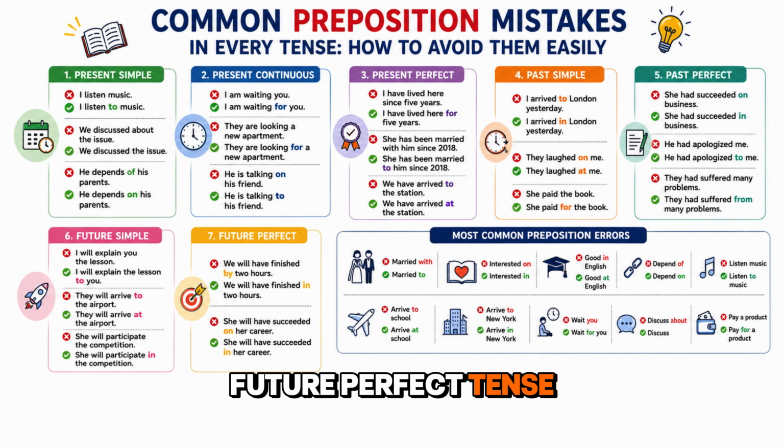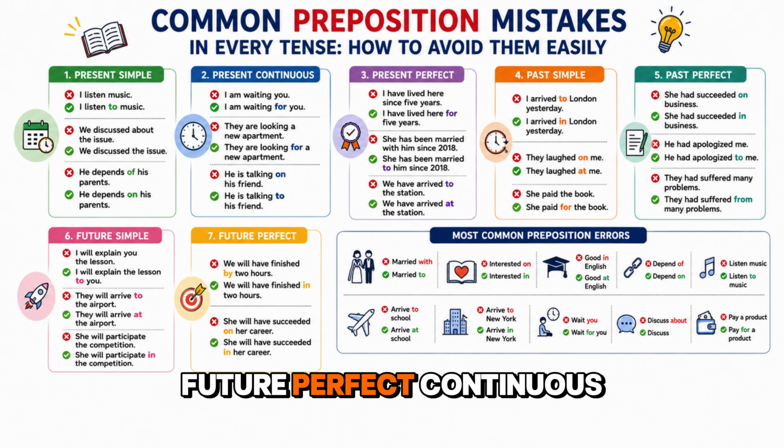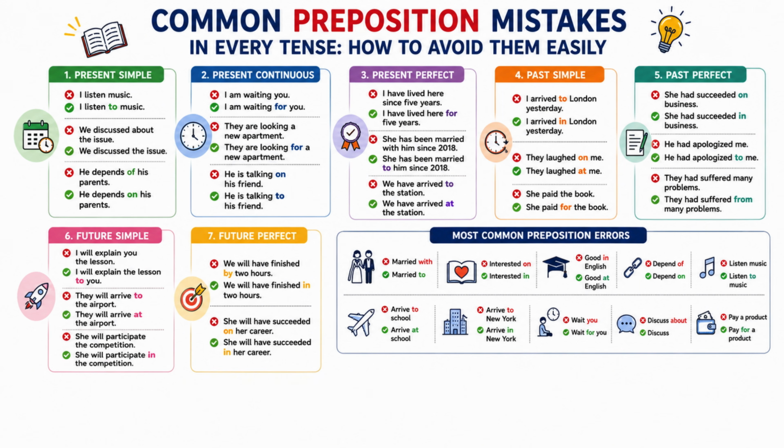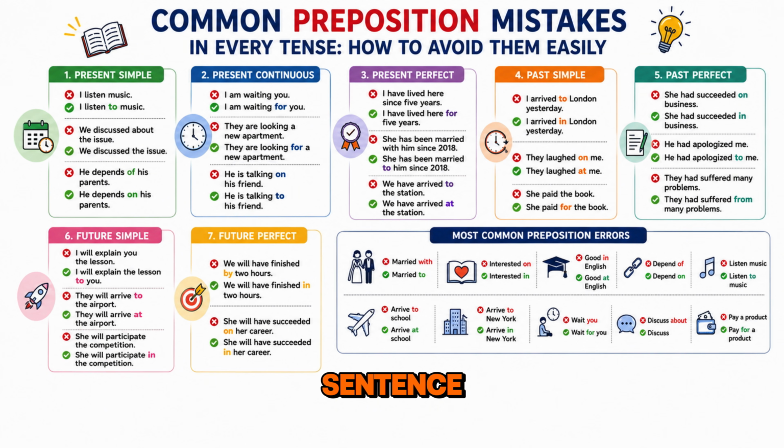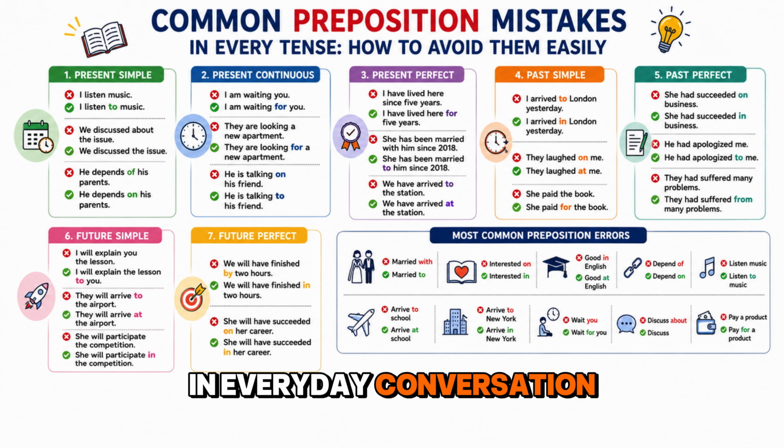Future perfect tense. Future perfect continuous tense. Always introduce the tense naturally, explain when it is used, present the incorrect sentence, present the correct sentence, explain the reason, and provide one or two additional examples that sound natural in everyday conversation.